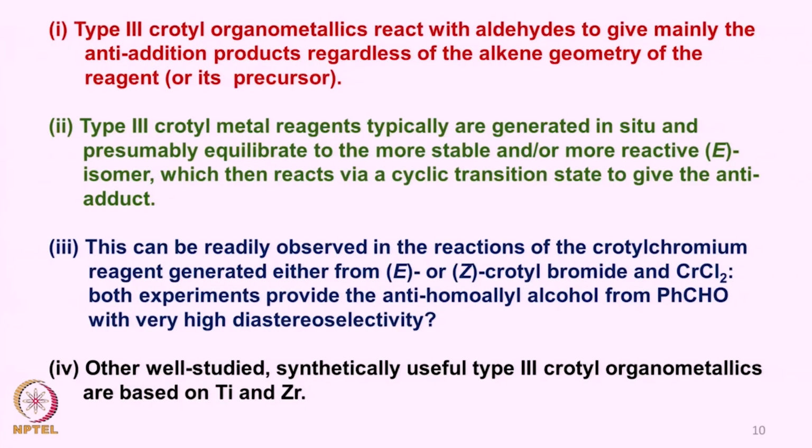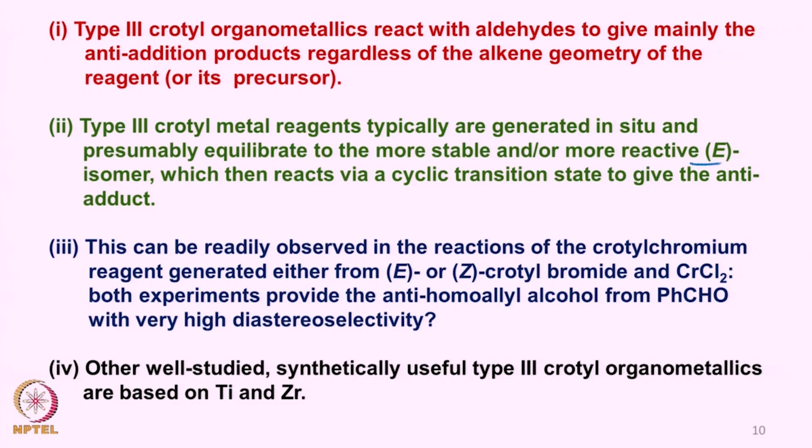And the type 3 crotyl organometallics react with aldehydes to give mainly the anti addition products regardless of the alkene geometry. This is exactly opposite of what we just now talked about, and the reason for that is that this third type of crotyl metal reagents are basically such reagents which equilibrate to the more stable and more reactive E isomer.